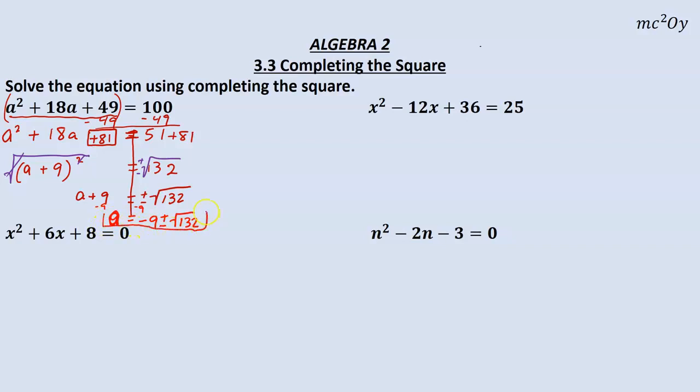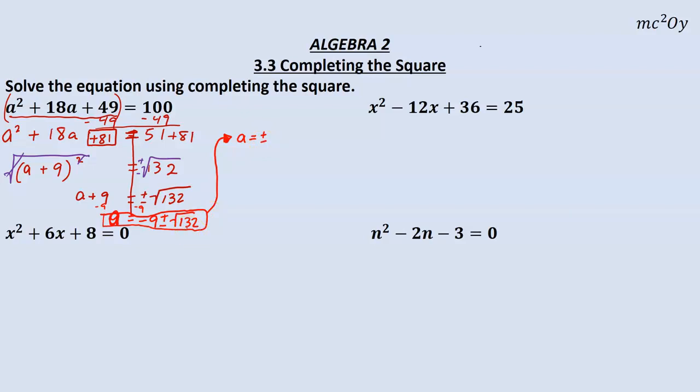Okay. Now you should always try to simplify the 132, the radical. So I know some teachers maybe, well, you're just learning completing the square, so you don't have to do that, and they may accept this as an answer. I personally think that you should simplify that. So when I look at it, I go, well, what goes into 132? Well, I know 4 does.